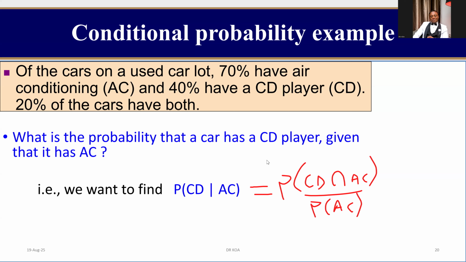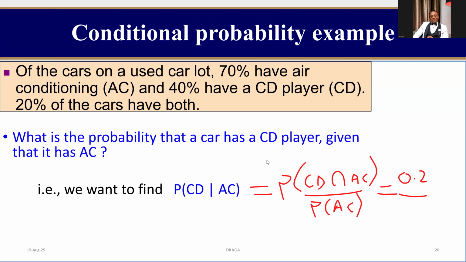That's it. So this is what we mean by conditional probability. So now you get it. Okay. So we need to find the probability of CD intersection AC. According to this question, the numerator is equal to what? Lamte. 20%. Good. So that is 0.2. The denominator is what?